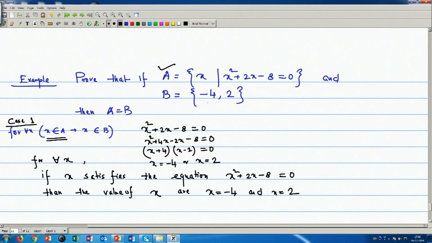What do you see? B is the set of elements minus 4 and 2. So, x belongs to B. Now, what is our case 2? Case 2 is for all x, x belongs to B implies x belongs to A.